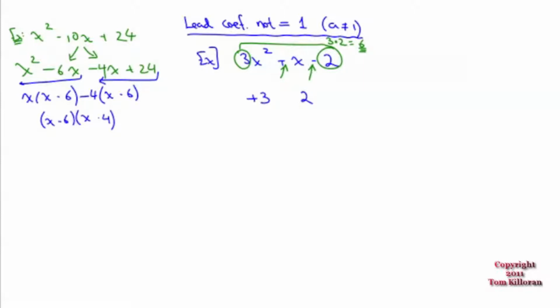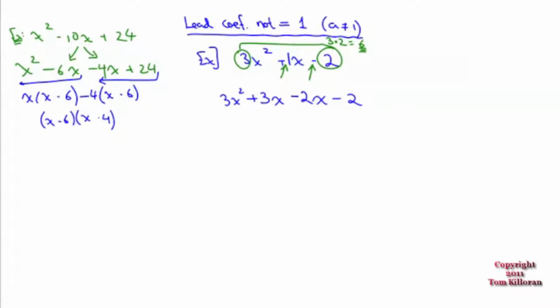Positive 3, negative 2, because we want these to subtract up to a positive 1. What variable do they get attached to them? X for both. So it's positive 3x, negative 2x. And drop down that first term. Now don't be dropping down x squared, because that's not what it is. It's 3x squared. So drop down 3x squared, and drop down that negative 2 at the very end.